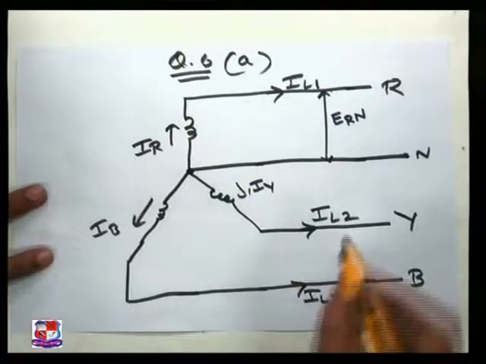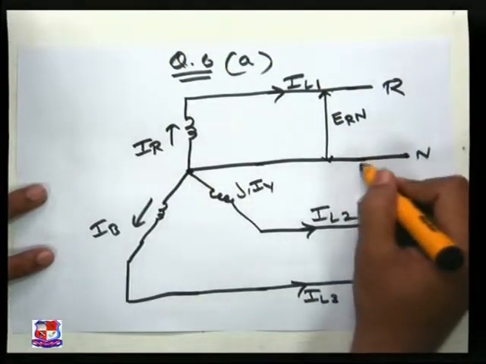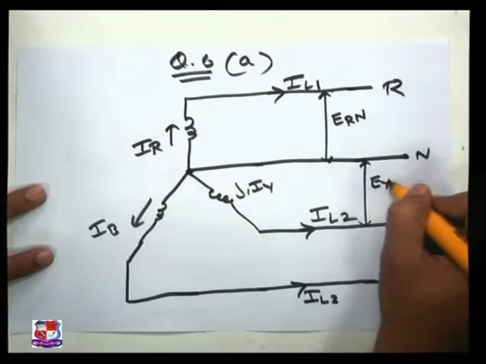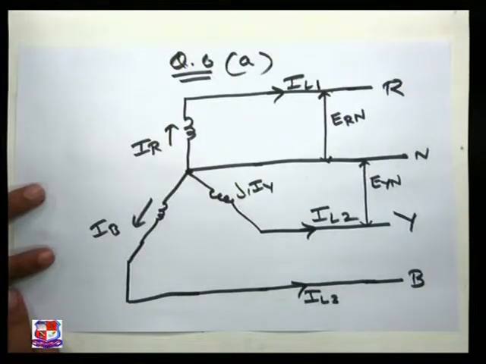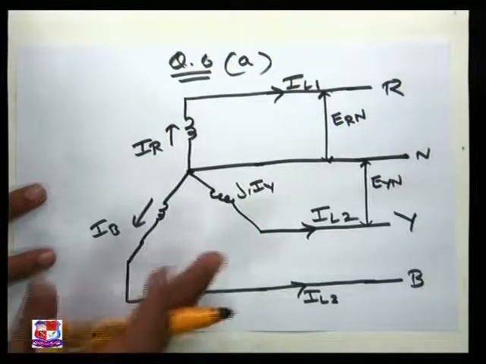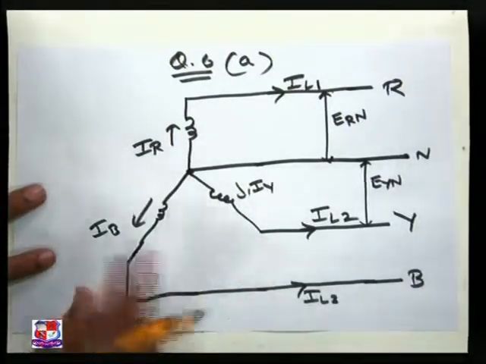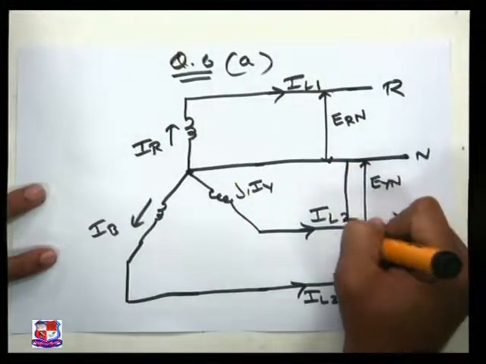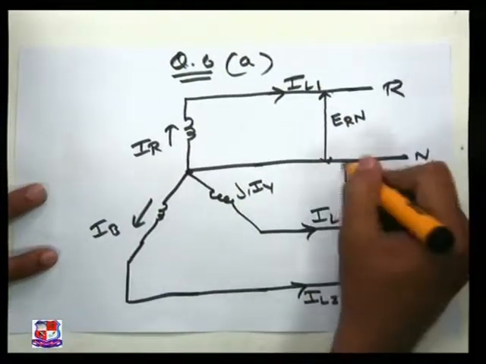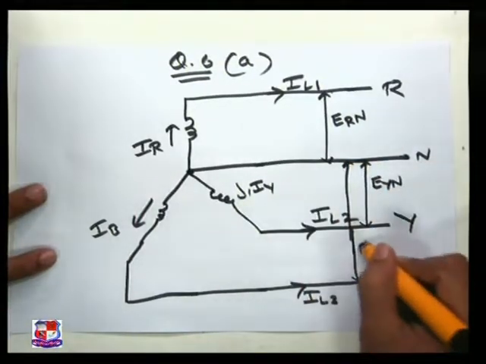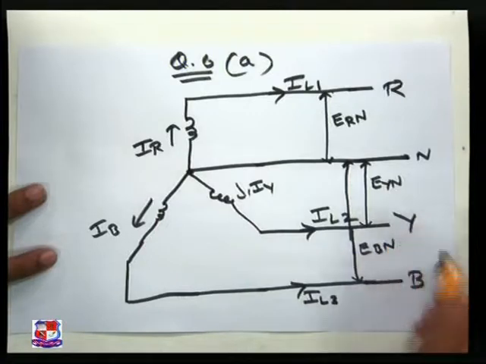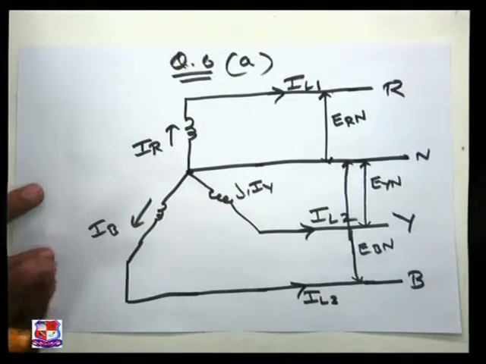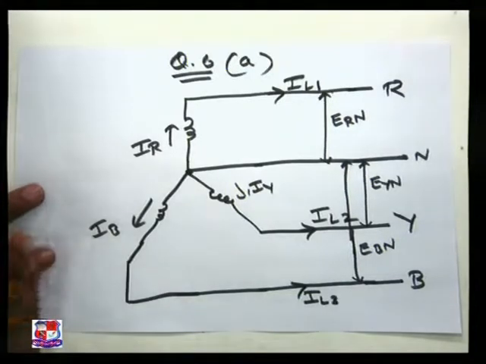Same with this, I am taking as EYN, so it will be the phase voltage between Y and N. This, between B and N, I am denoting as EBN. So this is again a phase voltage. How are phase voltages measured? Between the line and the neutral point. So that is a phase voltage.